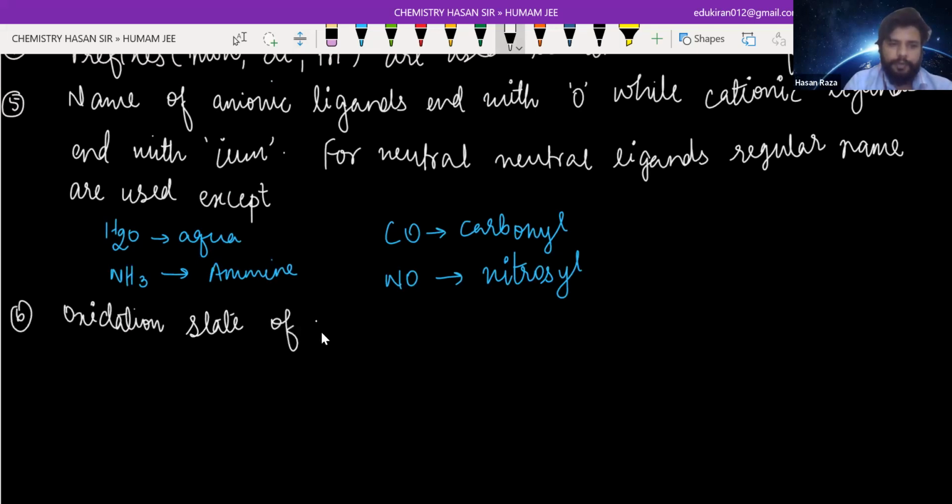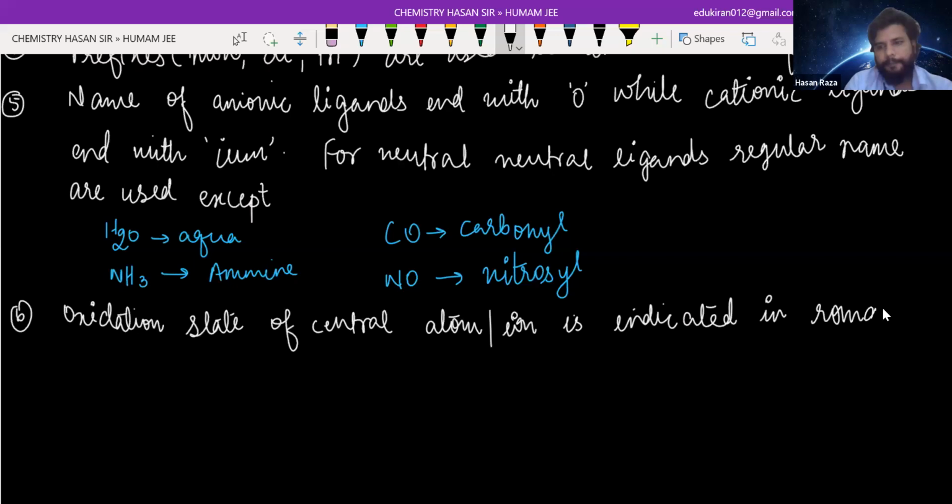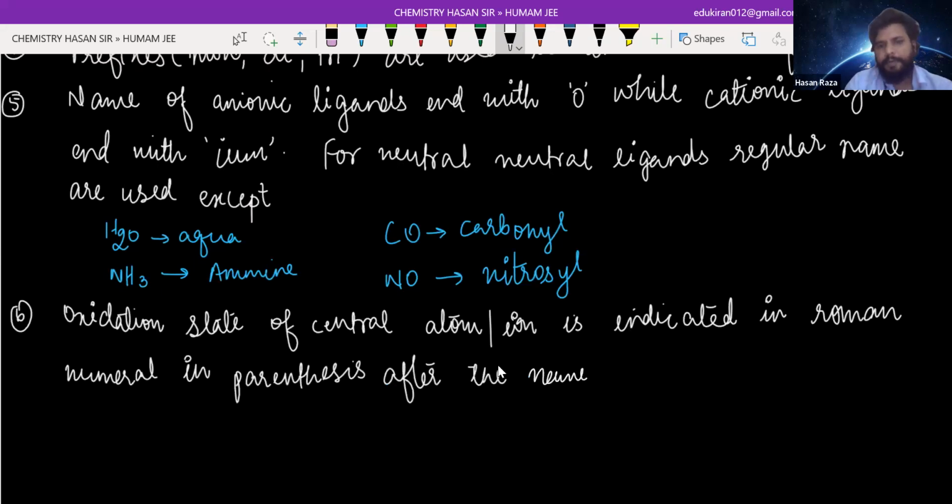Oxidation state of the central atom or central metal atom or ion is indicated in Roman numeral, in parenthesis, in brackets after the name of the central metal atom or ion. We'll explain all these points, it is very easy.